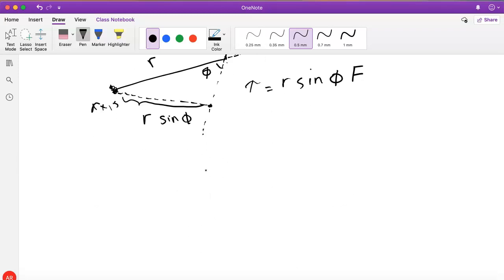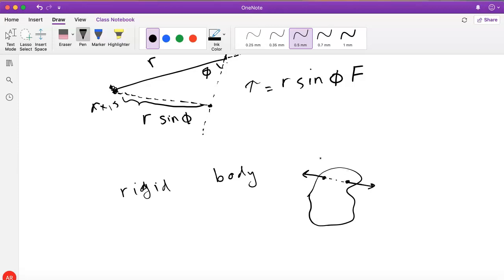So for example, let's say you have two forces, right? Let's say I have some rigid body, and you have two forces acting on two different points that are on one line along the direction of the force.